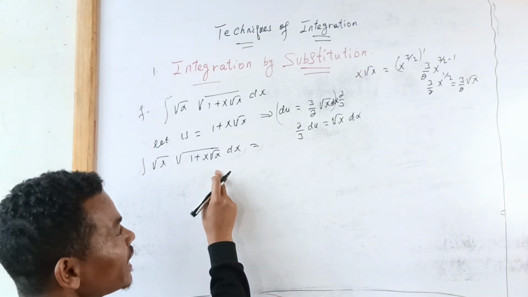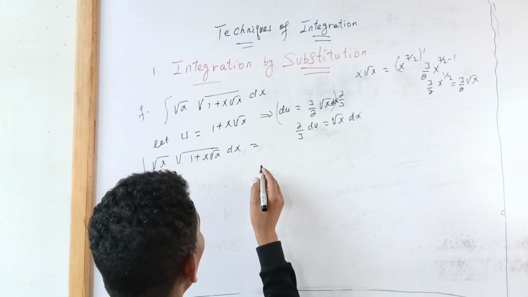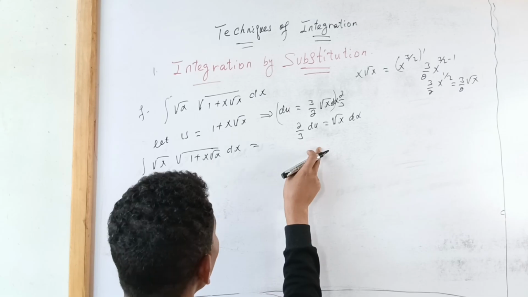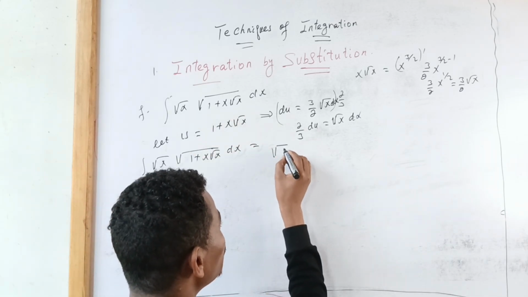So the integration of radical x times radical 1 plus x radical x dx is equal to 2 over 3 du, and 1 plus x radical x is u, that is radical u.